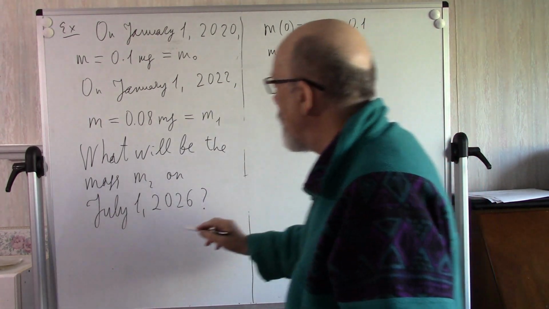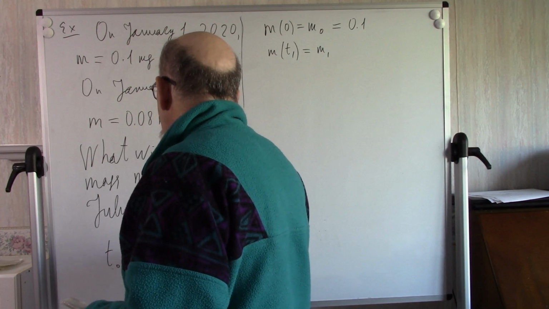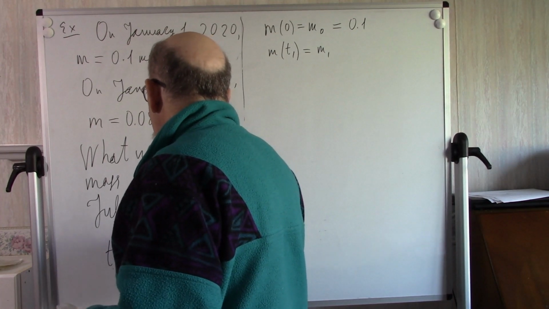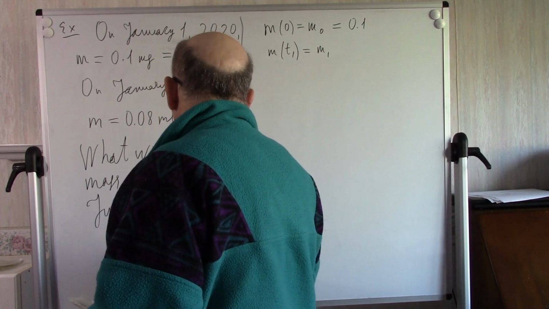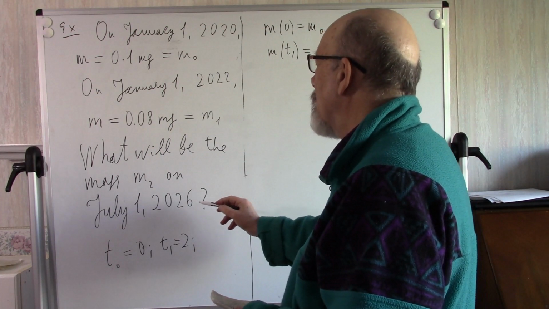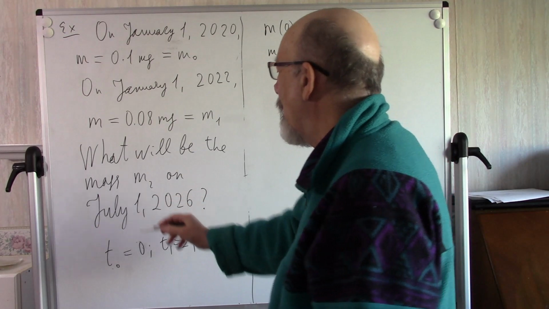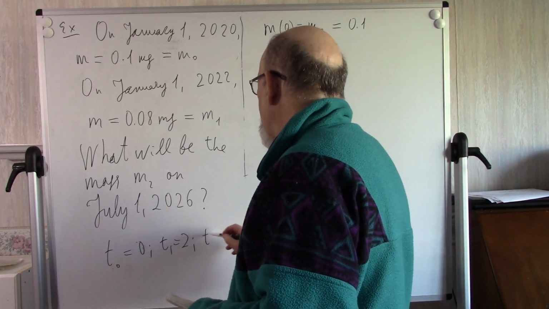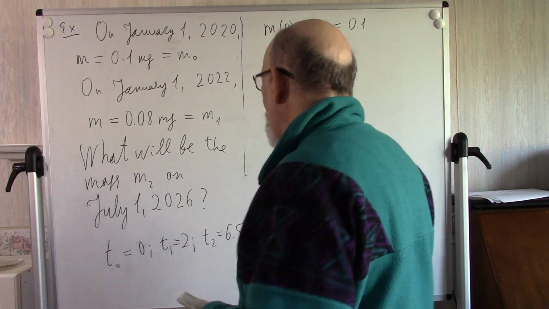So T0 equals 0, T1 equals 2. And July 1st, 2026 is 6 years and a half. So T2 equals 6.5 years.